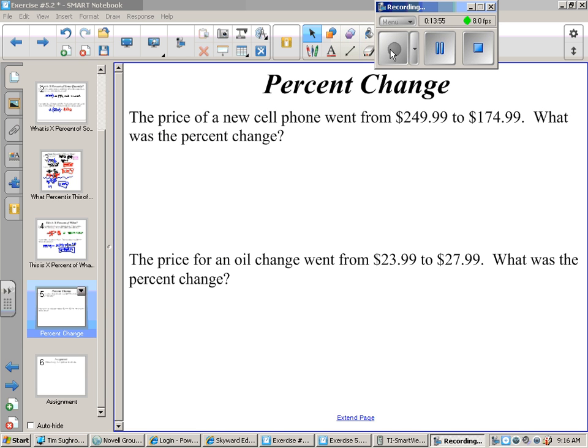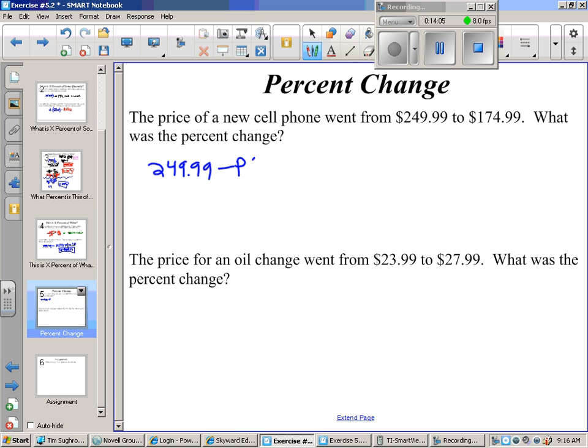We're obviously getting a reduction in the price. Okay, so we started with $249.99, and we're going to subtract a certain percent of $249.99 to get the sale price of $174.99.